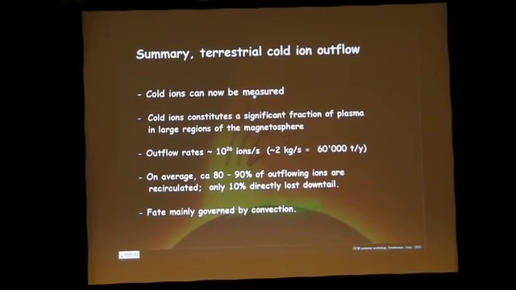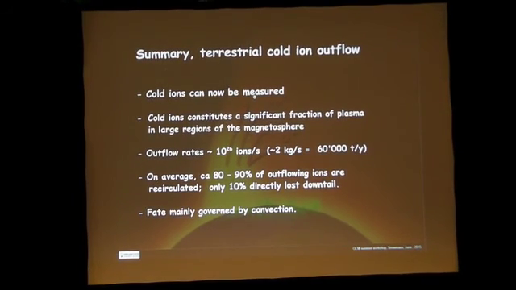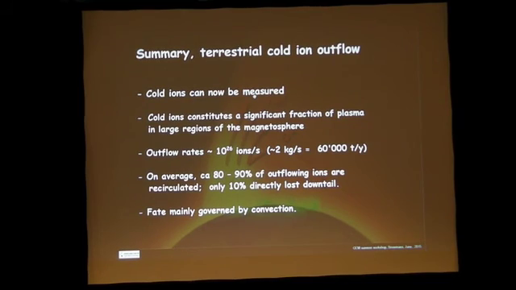Outflow rates we saw of the order of 10 to the 26th, 50 to 100,000 tons a year. On average, 80 to 90% is recirculated, and there's more recirculation during disturbed conditions. Only about 10% of what is actually escaping is directly lost into the solar wind.